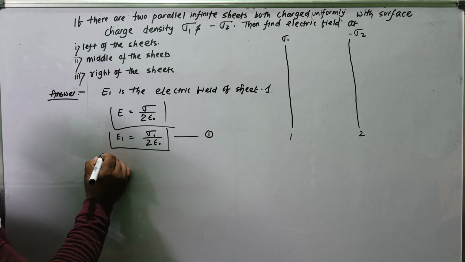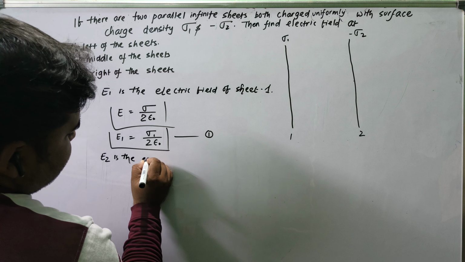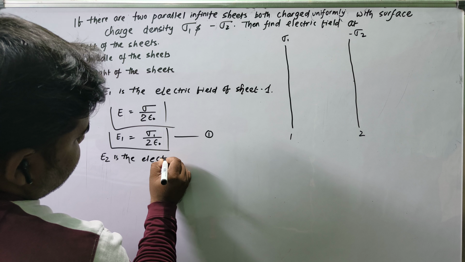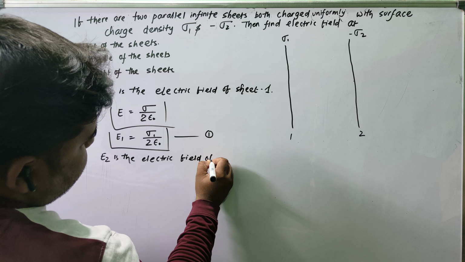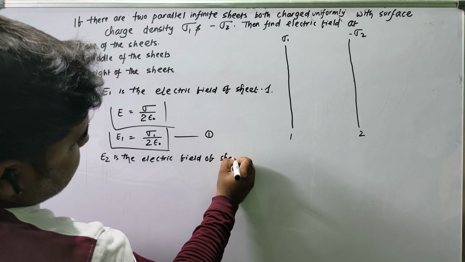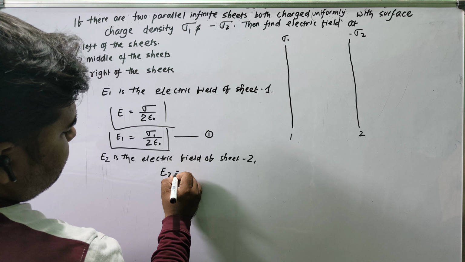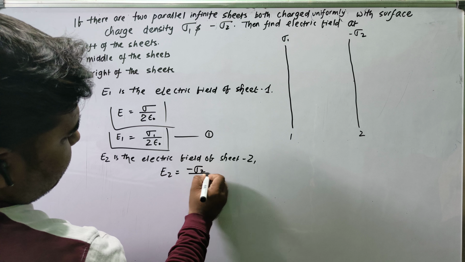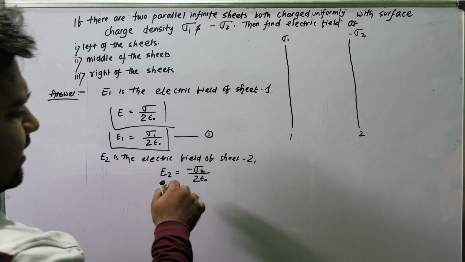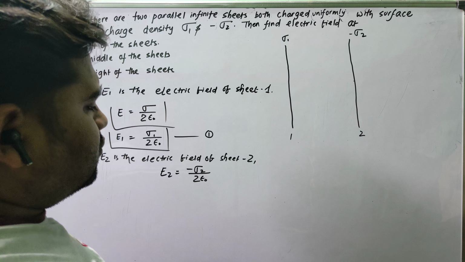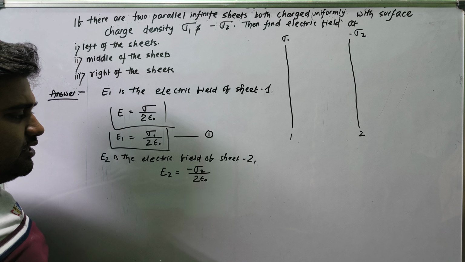And similarly, E2 is the electric field of sheet 2. So E2 is equal to minus sigma 2 by 2 epsilon naught. In general, you can write E2 is equal to sigma 2 by 2 epsilon naught; there is no need to specify this symbol.